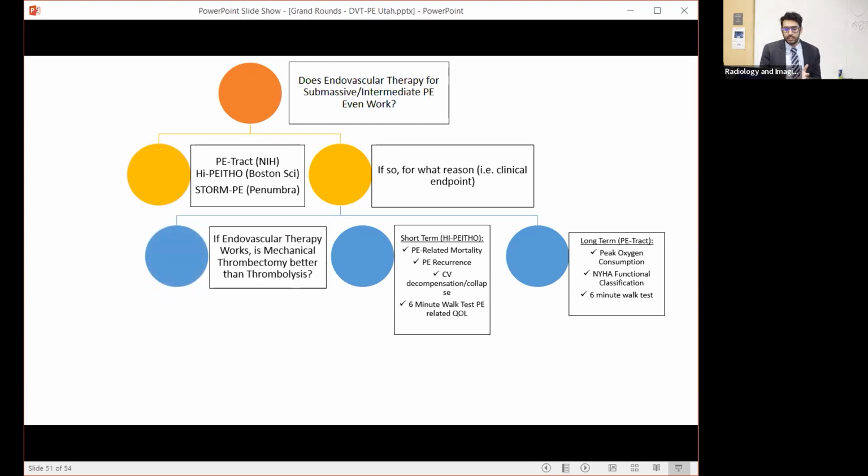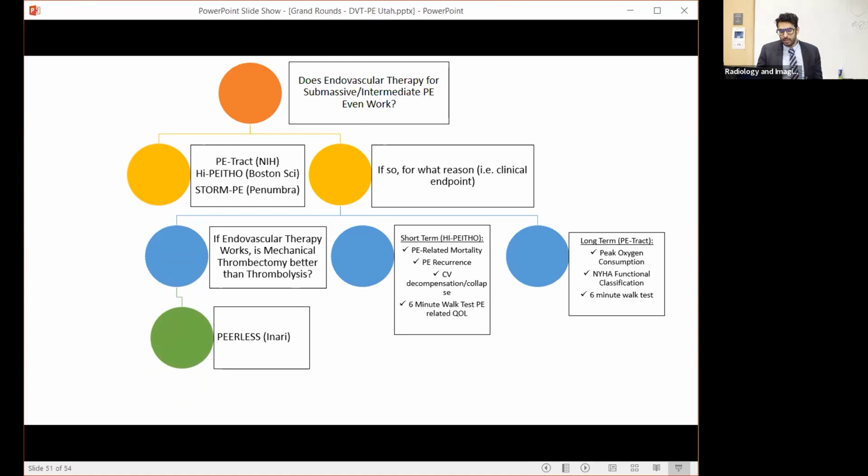And if endovascular therapy works, and we find the reason why, then we can ask ourselves which is better, mechanical thrombectomy or thrombolysis? Right now, there's only one study looking at that, the PEERLESS study by Inari, where they'll compare CDT to their aspiration device.